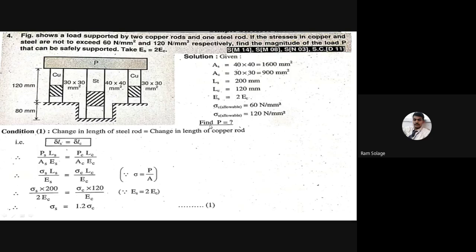Two copper rods and one steel rod together support a load of 300 kilonewton, shown in the figure. Find the stresses in the rods.